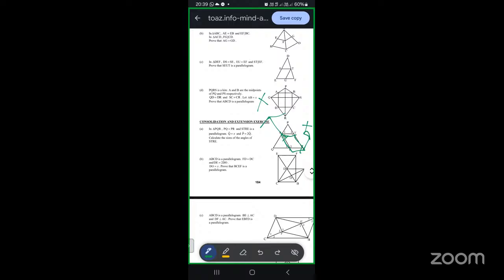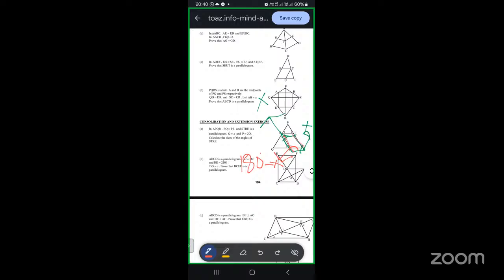Now, do you guys agree or disagree when I say this angle here will be 180 degrees minus x? I agree, sir. What's the reason behind that statement of yours? Co-interior angles are supplementary. 100% correct. Yes, I totally agree with you.